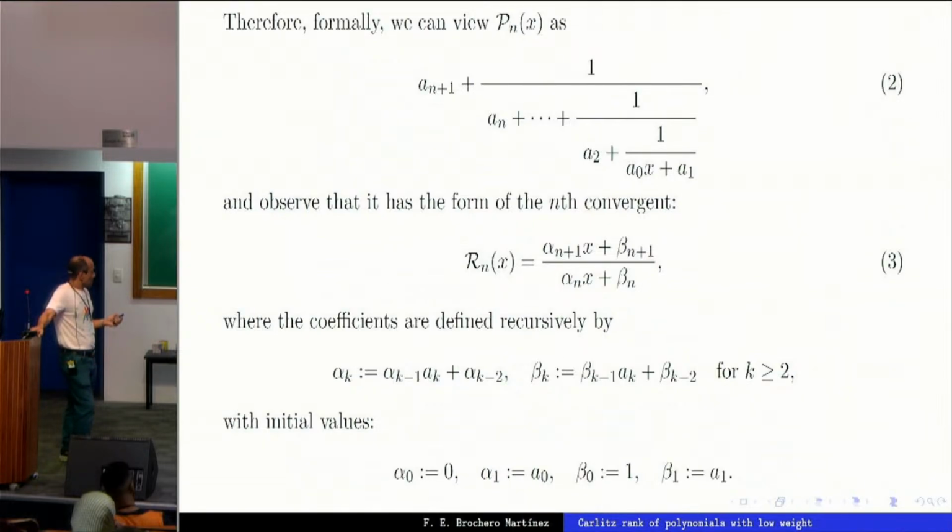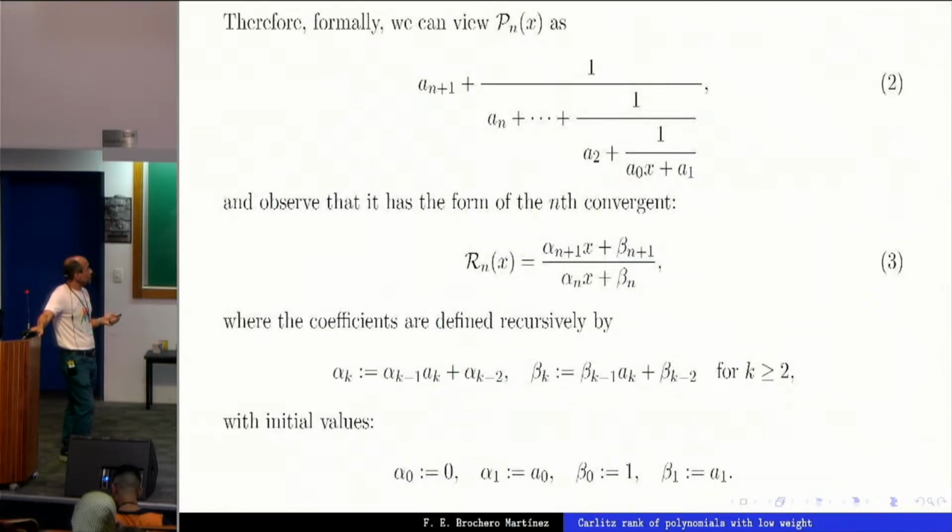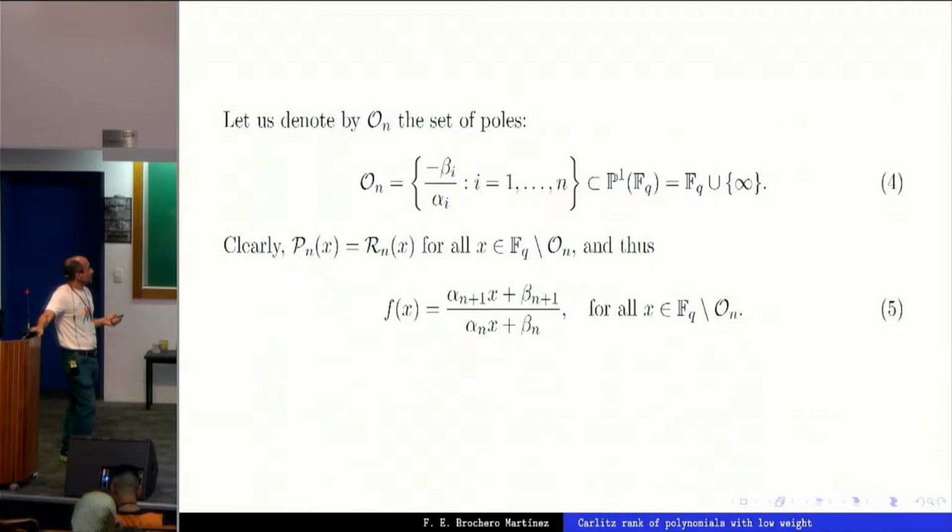Then we can calculate this fraction, and then we have that f will be equal to this fraction for all x in F_q less the set of poles.